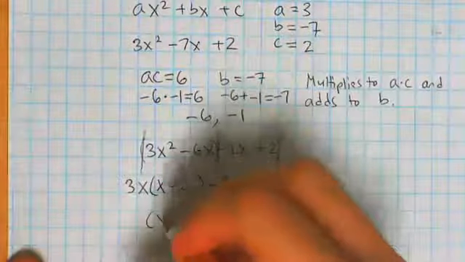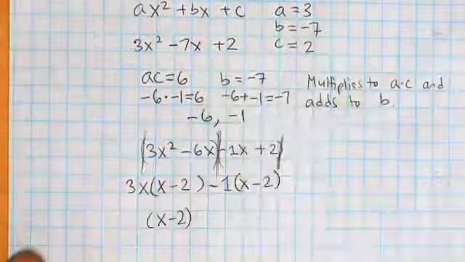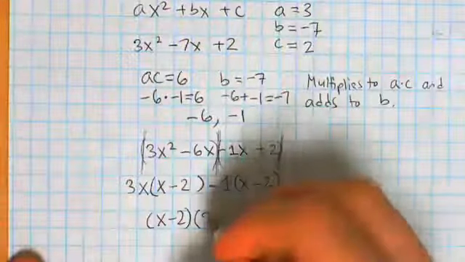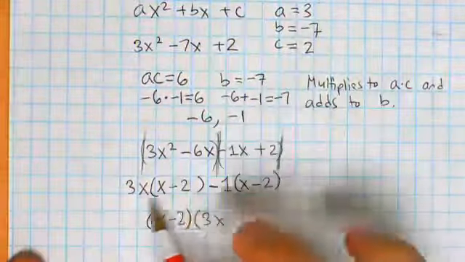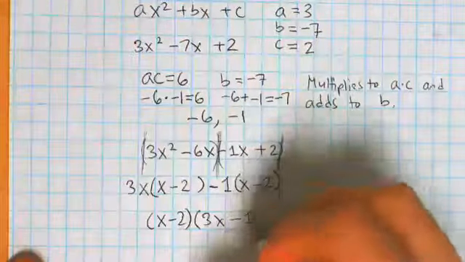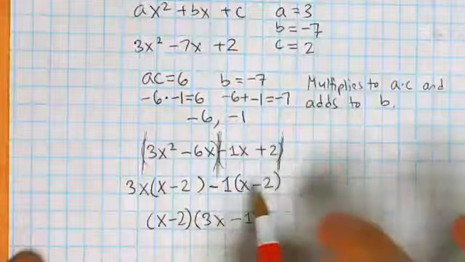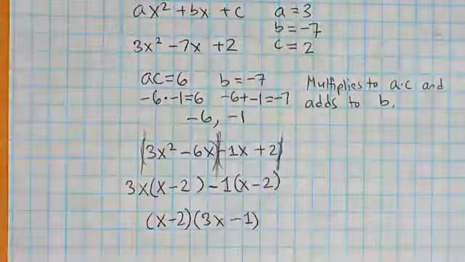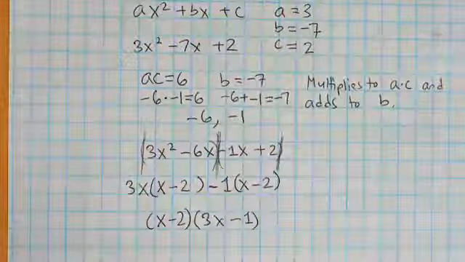So we pull our x minus 2 out, and what we're left with that x minus 2 was originally multiplying by is 3x. Remember, it was 3x times x minus 2, and minus 1 times x minus 2. And at this point, we have completely factored this problem.